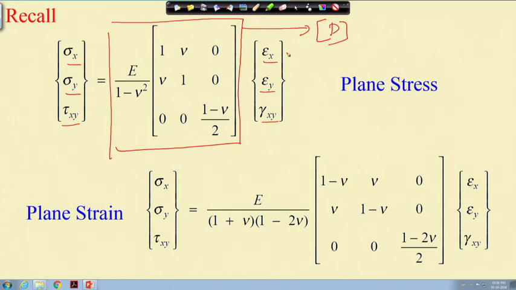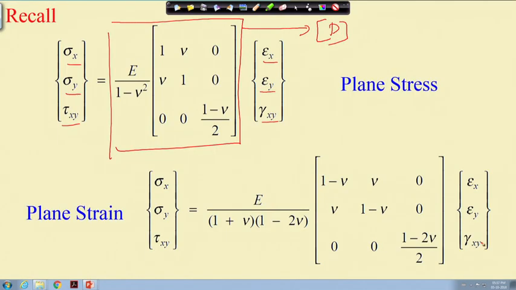Similarly, for a plane strain problem, the strain in a particular direction is 0. For instance, if we talk about a dam or a very long retaining wall, one dimension is so long that along this direction the strain can be neglected. So, the strain is confined within a plane, and this is called a plane strain problem. So, we are left with only 3 strain components, epsilon x, epsilon y and the shear strain on that plane, gamma xy, and these strains are related to the corresponding stresses like this.